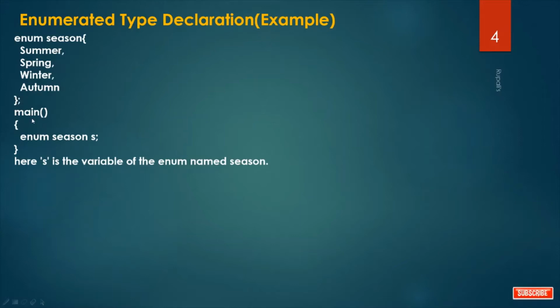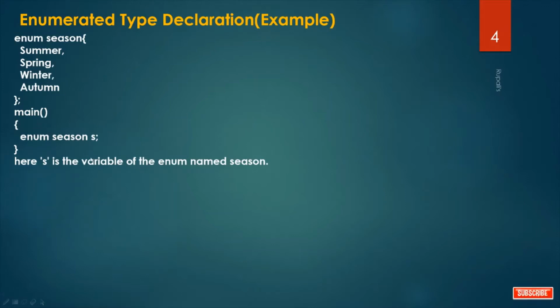Now in main, I declare one variable of type season and it is enumerated type. So enum season S. So S is the variable of the enum named season. I repeat, S is a variable of this enum and the name of this enumerator is season.